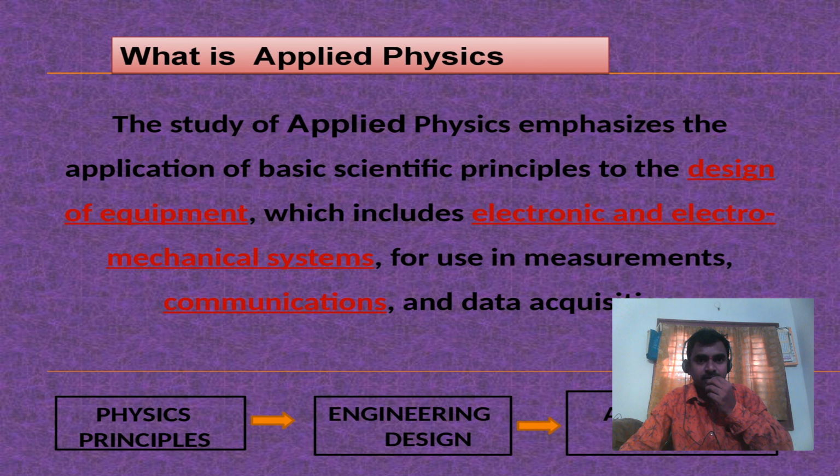Regarding that, our curriculum has some topics. If you understand these concepts, the study of applied physics emphasizes the application of basic scientific principles to the design of equipment, which includes electronic and electromechanical systems for use in measurements, communication, and data acquisition also.